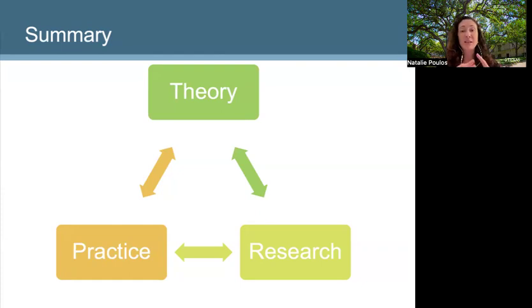So we need theory to help inform our practice as well as research to inform both the theory and application of practice. And that's what we're going to be doing in the course: taking those theories and hypothetically applying them to different settings. And then hopefully as you become research scientists, that is something that you'll also move into. But we'll be reading a lot of research and how it's applied in population settings.